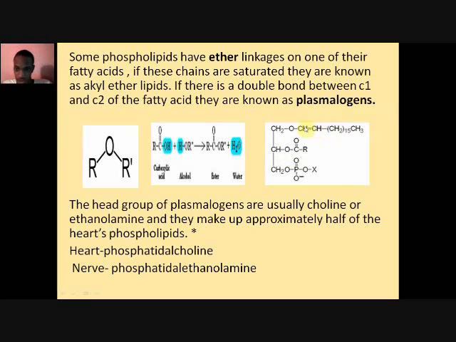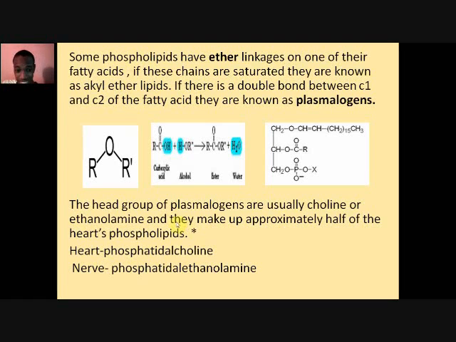See here we have two fatty acid chains and a phospho part. The head group of plasmalogens is usually choline or ethanolamine, and they make up approximately half of the heart's phospholipids. Within the heart you have phosphatidylcholine.